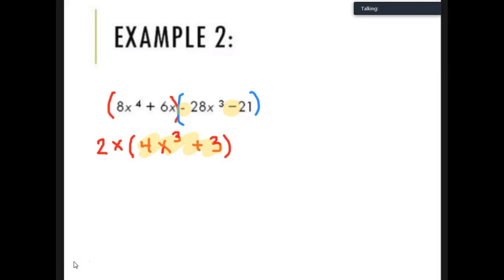Perfect. We're going to take out a negative 7. So that's going to leave behind 4x cubed plus 3. By taking out a negative, what's left behind is positive.